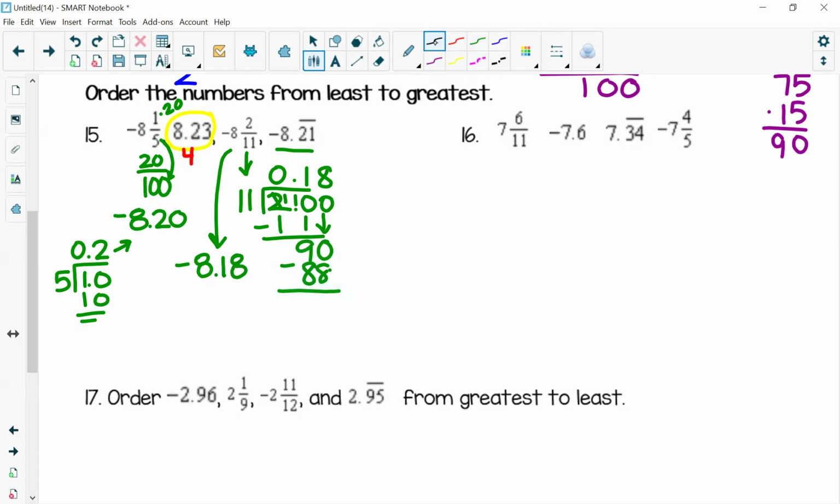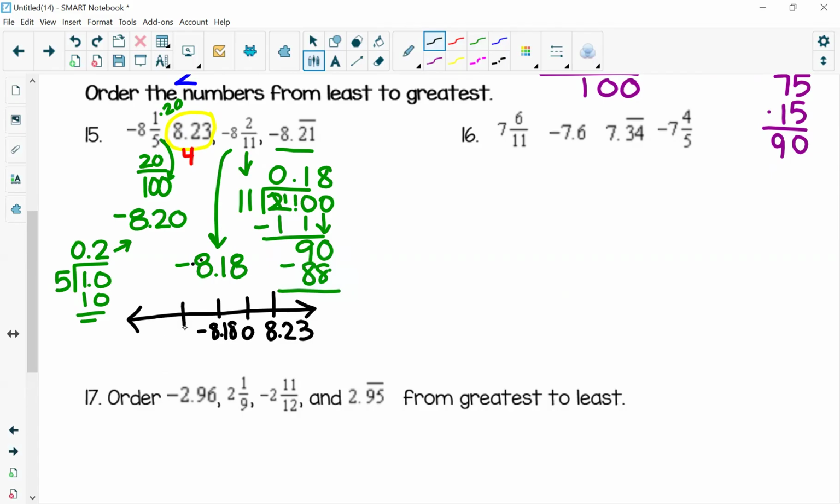So if I have a number line, which would go like this. We already said that my positive would be 8 and 23 hundredths. This would be 0. Then I would have -8 and 18 hundredths. And yes, it'll keep going on, but we only need 2 digits.